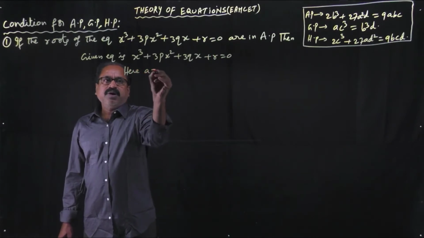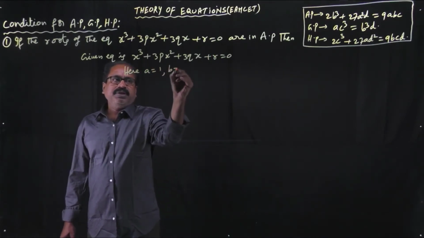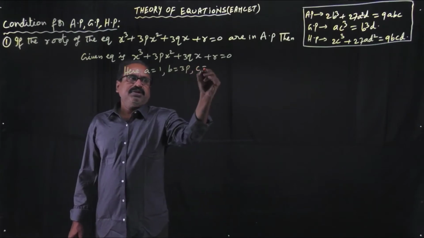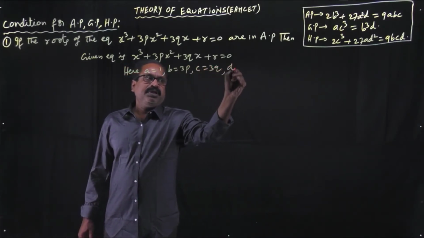Here a equals 1, b equals 3p, c equals 3q, d equals r.